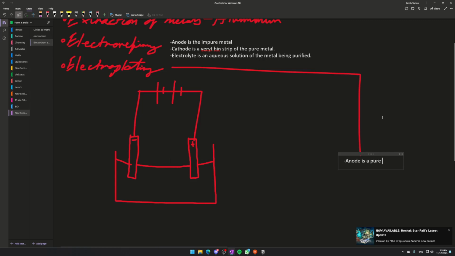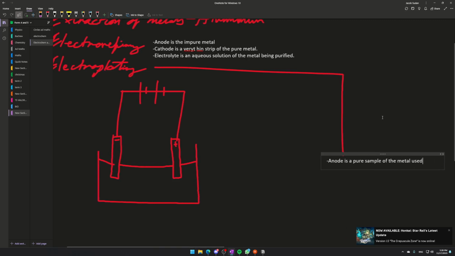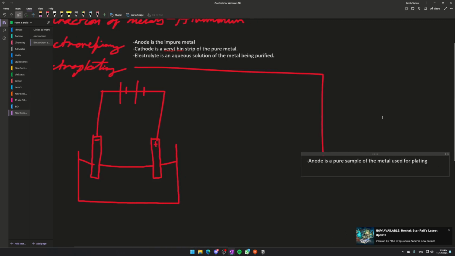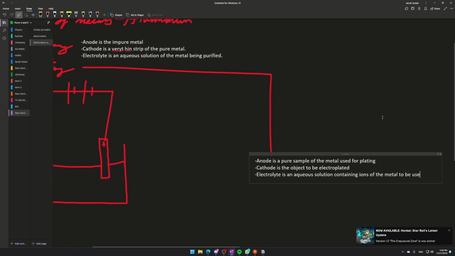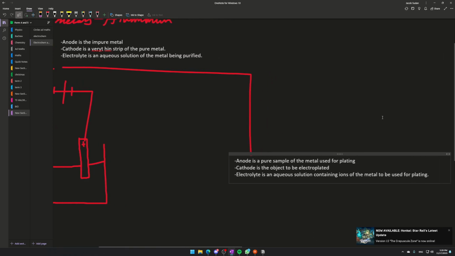Anode is a pure sample of the metal used for plating, and the cathode is the object to be electroplated, and the electrolyte is an aqueous solution containing ions of the metal to be used for plating.